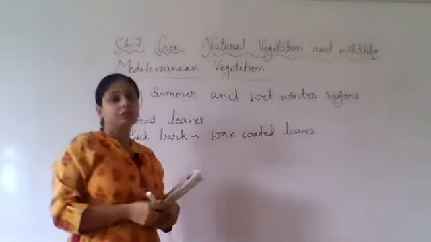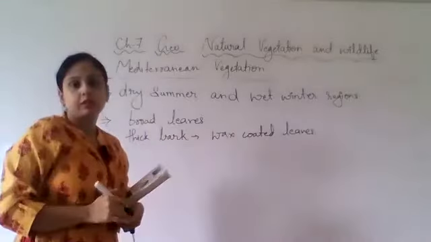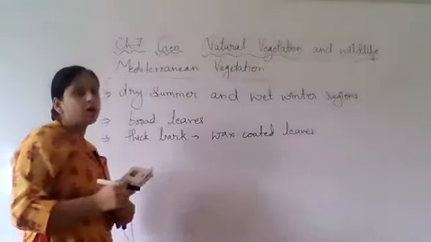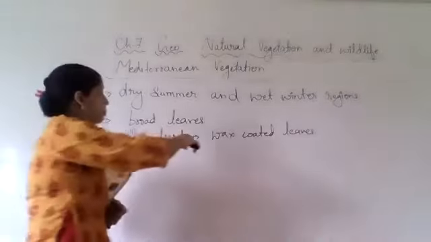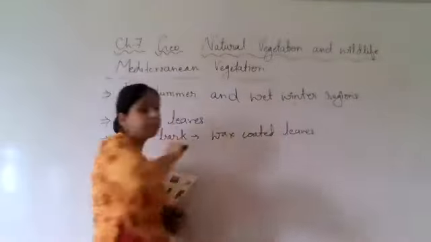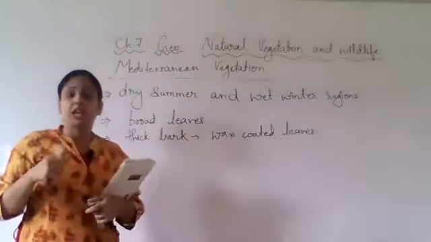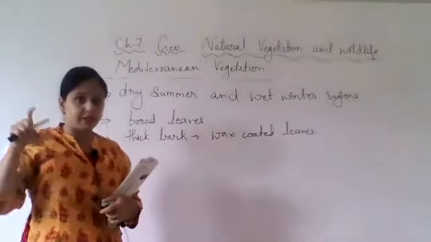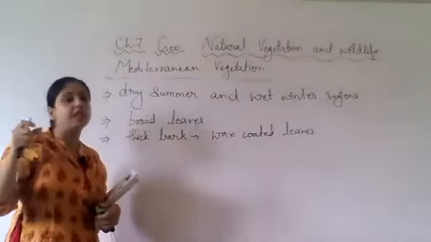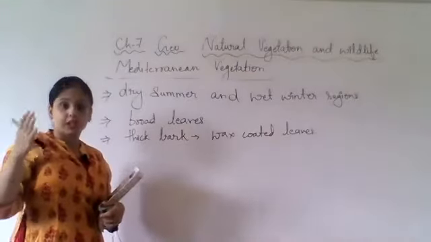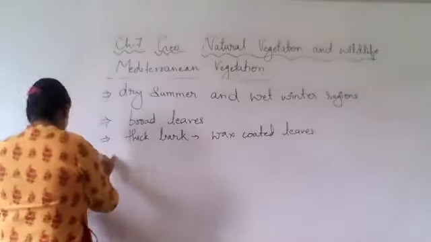They will wither, right? So, to protect them from this wet winter, they have wax-coated leaves which help them to protect themselves. Also, the parts which they have are very thick, which protect them from the wet winter. Okay.